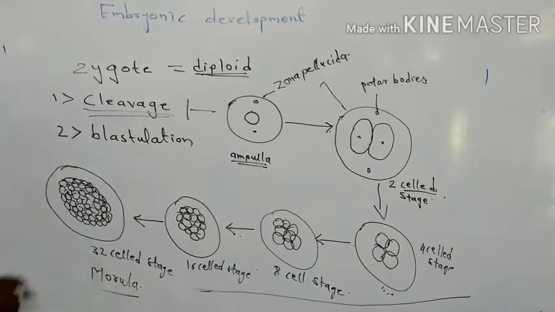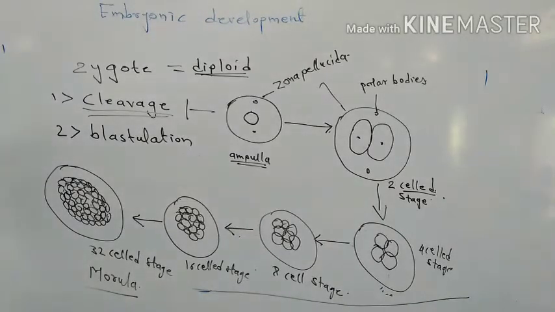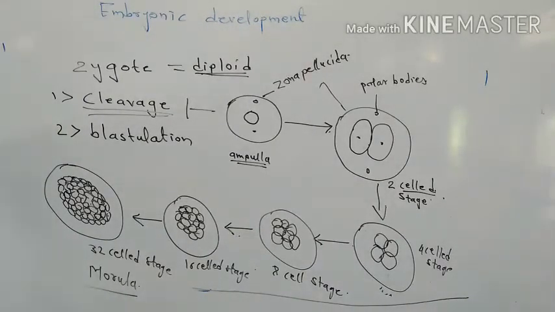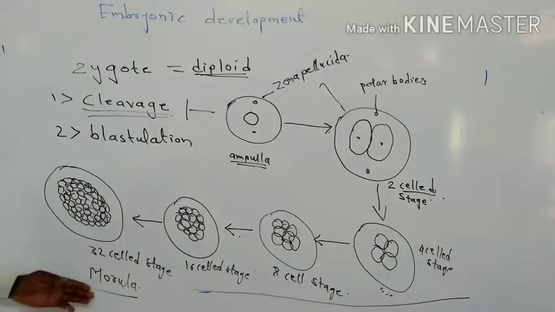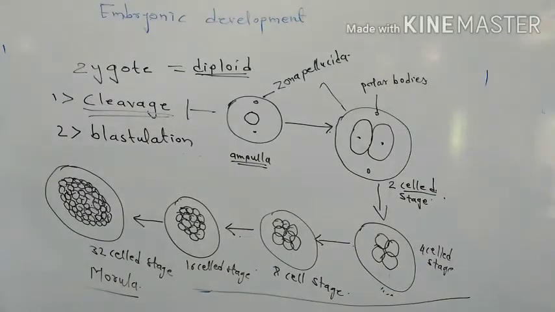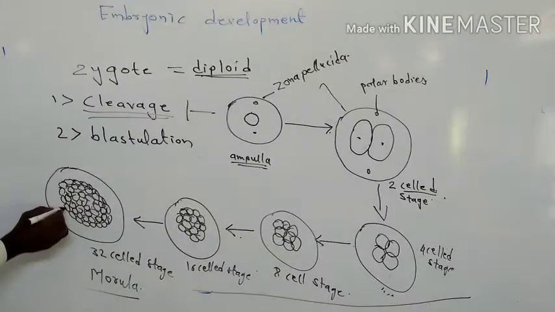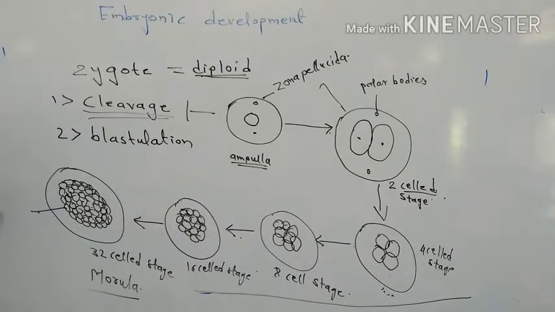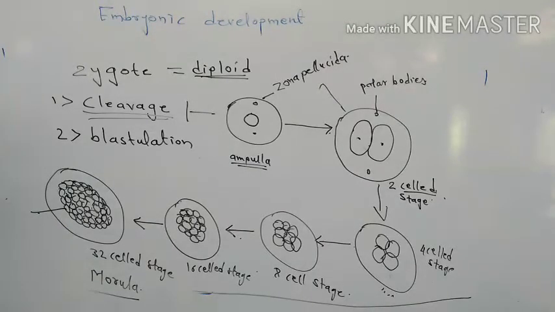Why is it called morula? Because it looks like the fruit of the mulberry. So this is the morula stage. And these are the larger cells and the smaller, clearer cells.